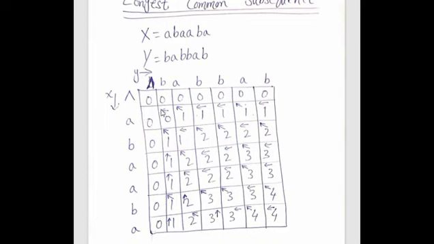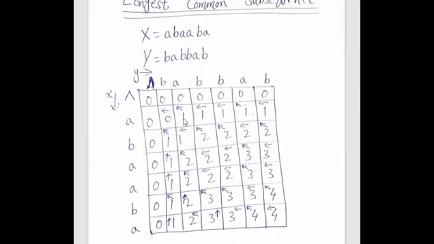Again I will compare A with A. Now see, both characters are similar, so if we find a match, we add 1 to the diagonal value. The diagonal value for this is 0, so we write 0 plus 1, which is 1 over here. And where are we getting this value from?